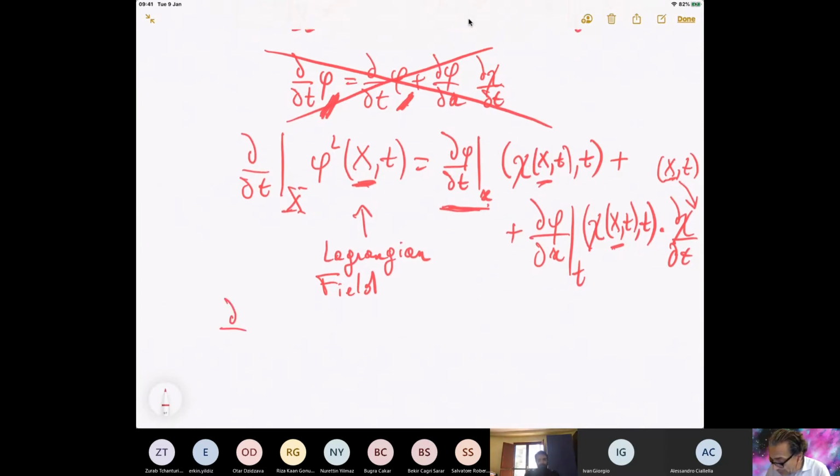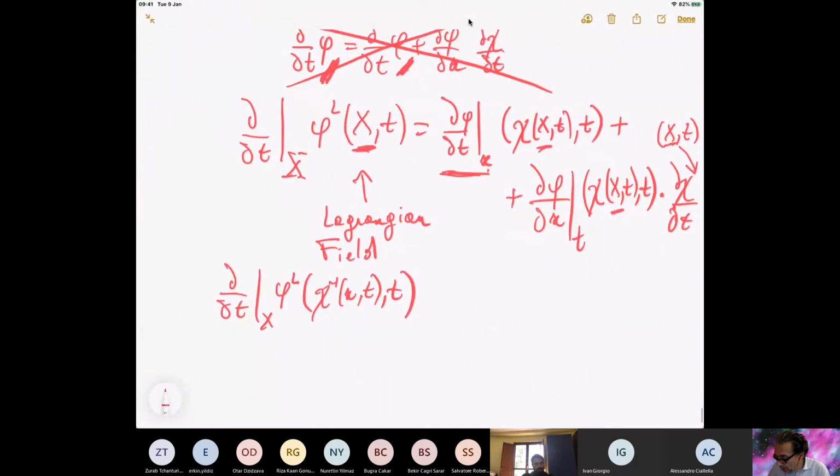We do d over dt capital X of phi L. Instead of capital X, we write chi minus 1 of small x, t, comma t. So this becomes an Eulerian field. And this is our material derivative.